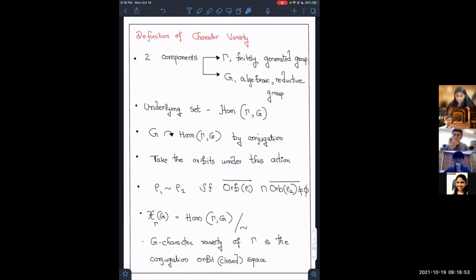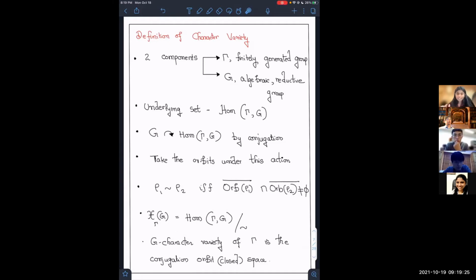I'm not getting into the definition of reductive groups now. For this talk, I'm going to work with algebraic groups that are complex affine varieties, which means the algebraically closed field I'm working with is the complex numbers. Okay. So these are the main two components.